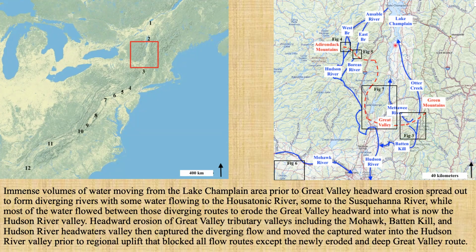Water doesn't flow uphill. And if you think about it, if the Great Valley, which is a big valley, as I showed you in the previous slide, had been in existence, and the Vermont Valley had its present elevation, and these Adirondack valleys had their present elevation, it would have been impossible for water to flow from the Lake Champlain Basin across those passes in the Adirondack Mountains or across the valleys that we saw here in the Green Mountains.